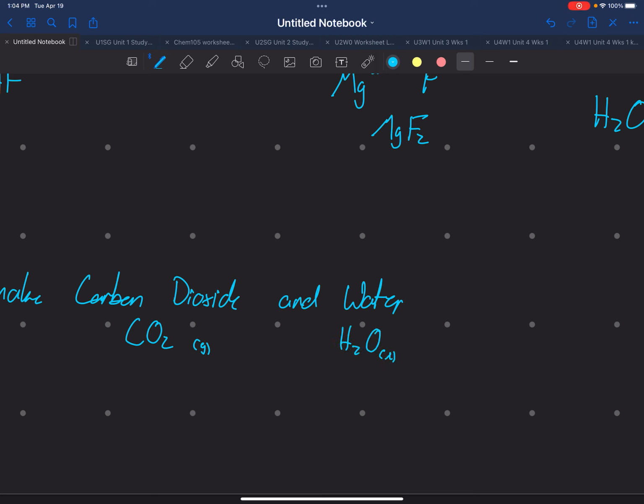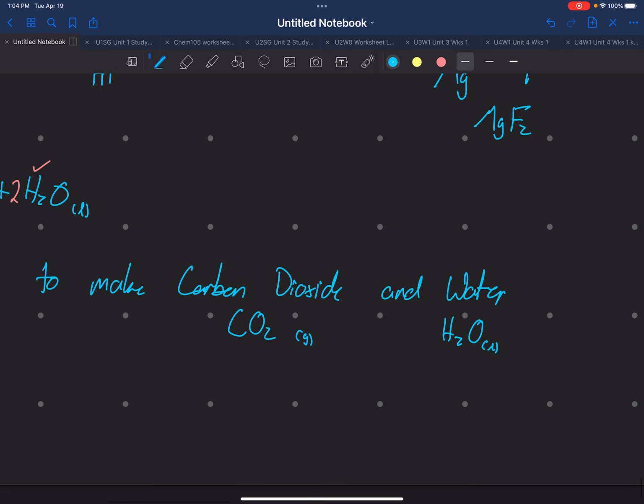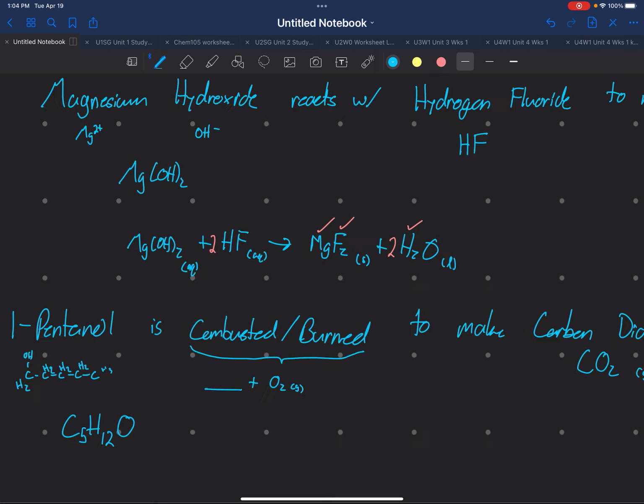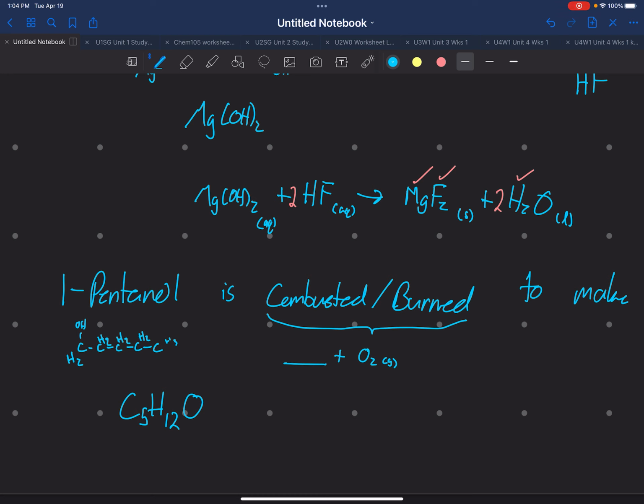So put this all together, right? It'd be C5H12O plus O2 leads to CO2 plus H2O. So boom, you got the symbols down. We organized it from reactants to products.